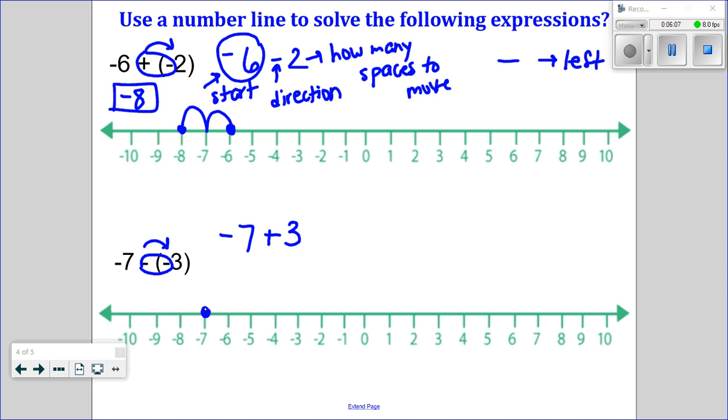The first number tells me where to start on the number line. A positive sign tells us to move to the right on a number line. The second number tells me how many spaces to move, so I'm going to move to the right 3 spaces. And my final answer is -4.